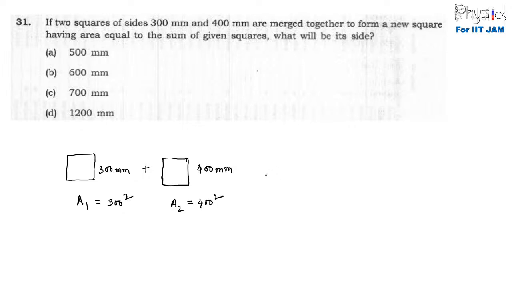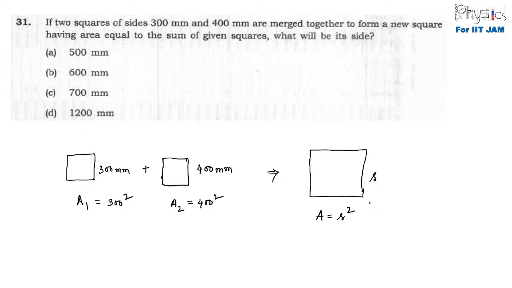Now this is merged to form a new square, a big square. Suppose its sides are S. So its area A is equal to S square.